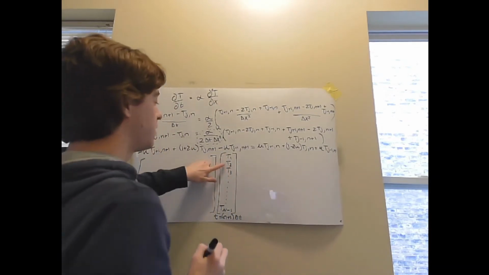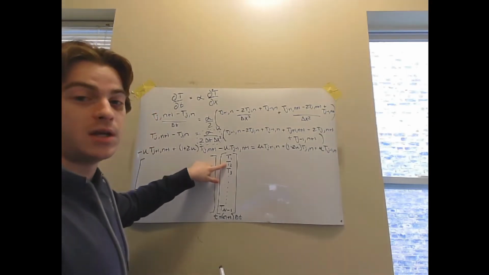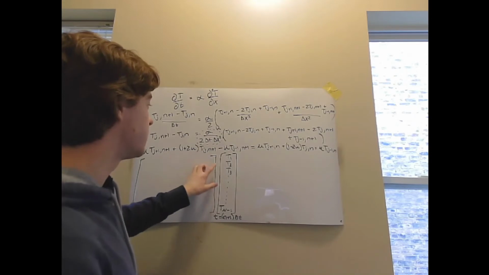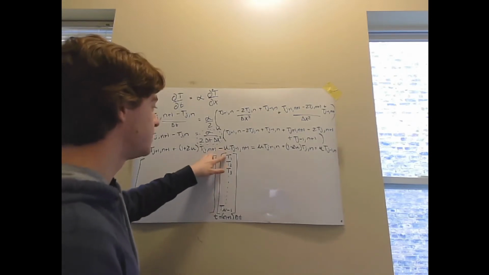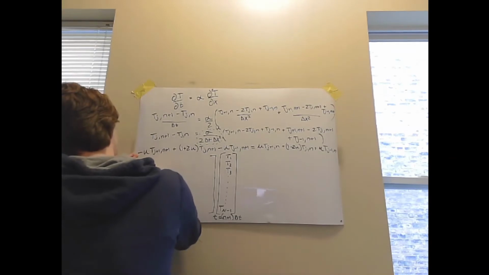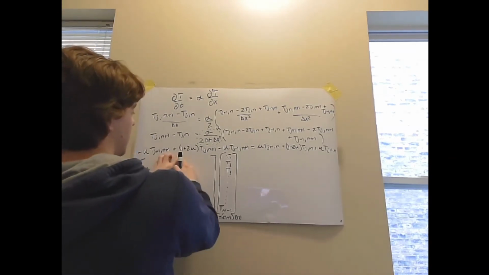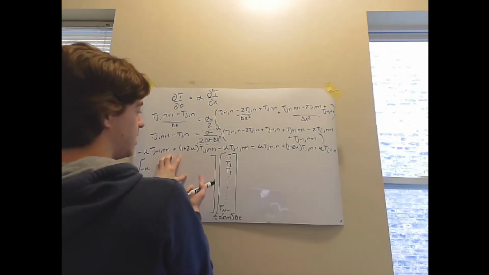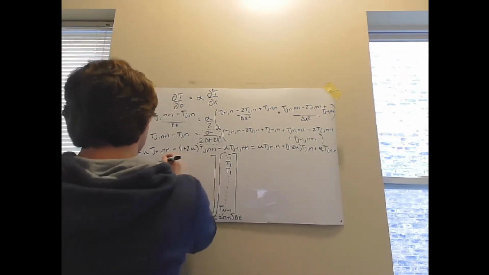So now we just need to plug in the left side of our equation. I'm going to go ahead and start with the increment of j equals 2. And so for that, we're going to have negative u times the previous temperature. And then we'll have 1 plus 2u times the current temperature, which, since we're at j equals 2, is just T2.